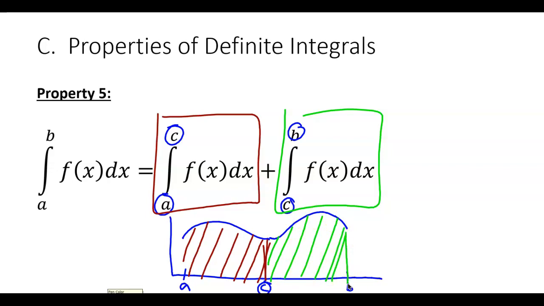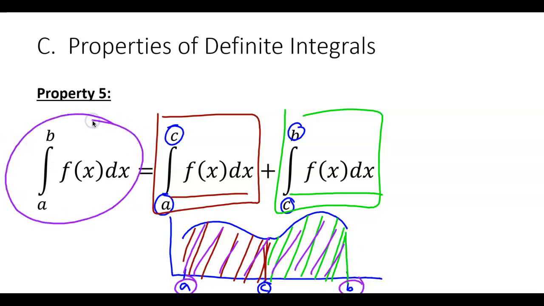So the area under the curve represented by the red region is this first integral here on the left. And the second area represented by the green region is this integral here on the right. Well, can't we just put those two areas together and go all the way from A to B and get a total area?